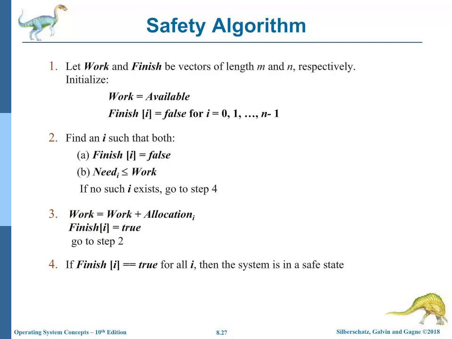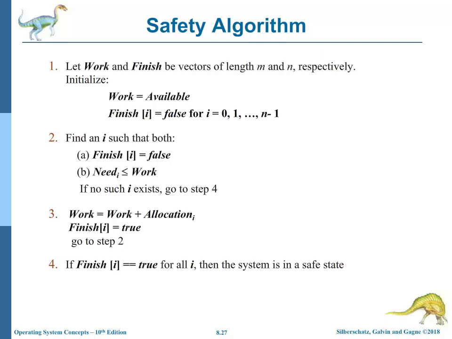So all of the threads are not finished yet. Step 2: Find an index i such that both conditions A and B are satisfied. A is Finish[i] = false, and B is Need i less than or equal to Work. If no such i exists, go to step 4.